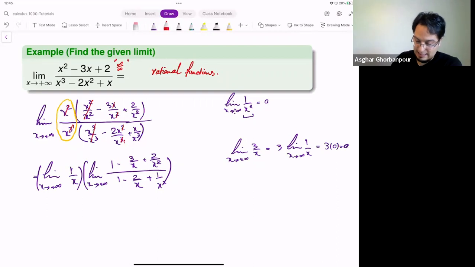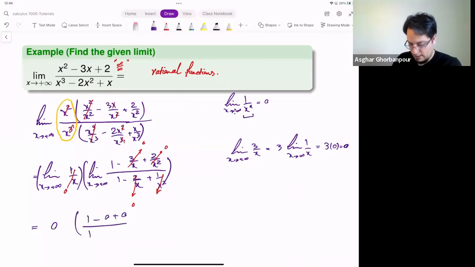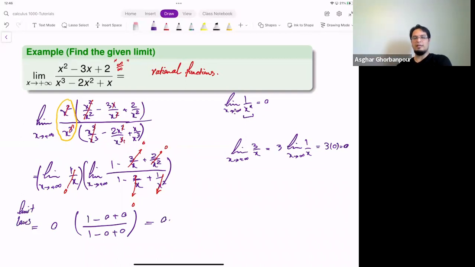So this will be 0, this will be 0, and this will be 0. So this is 1 minus 0 plus 0 over 1 minus 0 plus 0. Limit laws are applied here, and this will give me just 0. So the limit is 0 in this case.